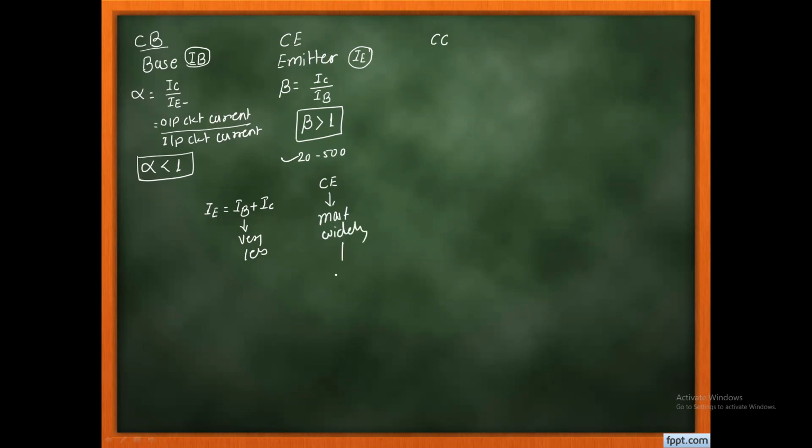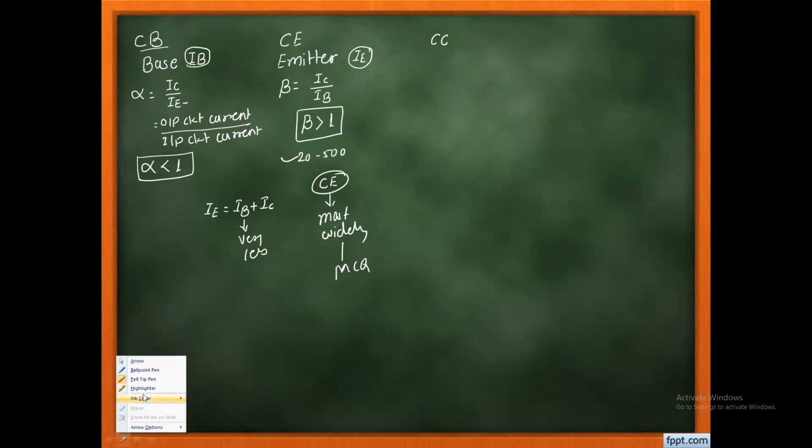Most of the time an MCQ may ask: out of these three configurations CB, CE, CC, which configuration is most widely used for current amplification? At that time your answer should be the common emitter configuration. Okay, so please remember these things.